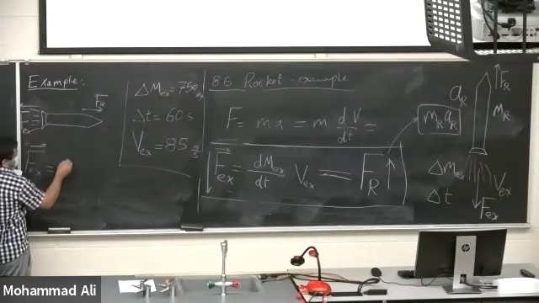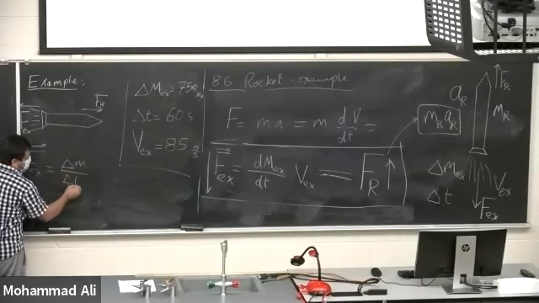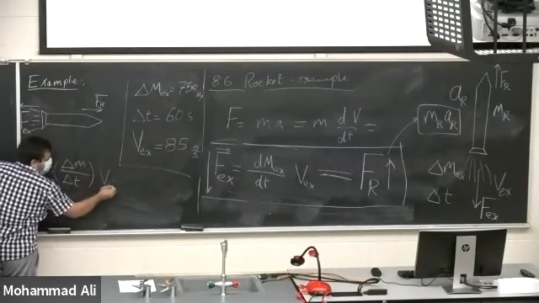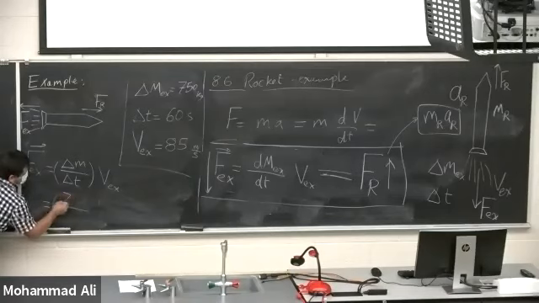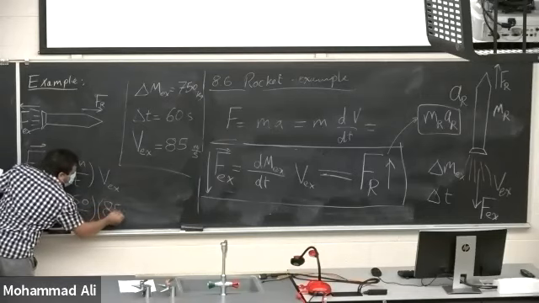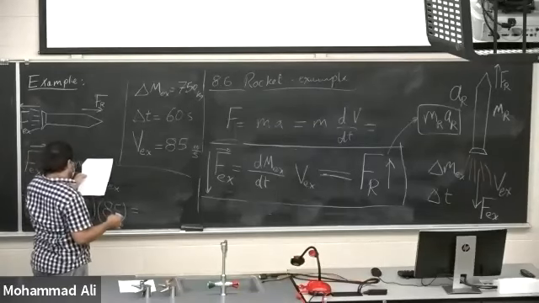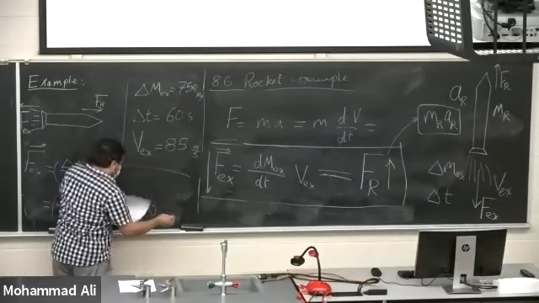It will be equal to delta M over delta T multiplied by the velocity. All of this for the exhausted materials. This will be equal to delta M, which is 750 over 60 multiplied by 85. This will be equal to 1,062.